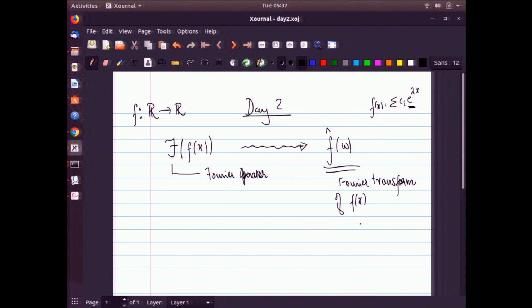Which means the transform is happening over the infinite 1D domain. And obviously, if you can have a Fourier transform, you can have an inverse, which means if I apply the inverse to this Fourier transform function, the hope is that you get back the original function. This was the requirement that we wanted of the transform.